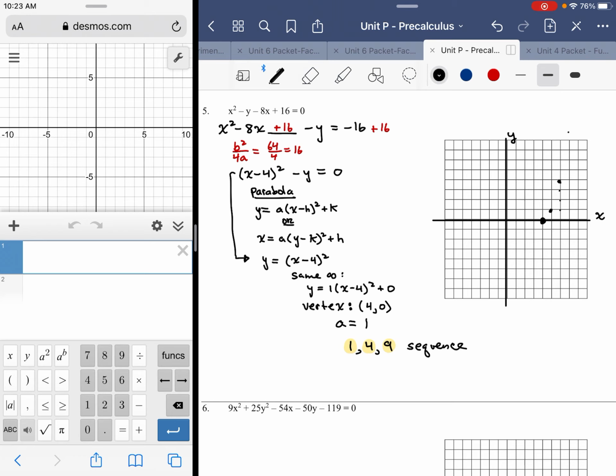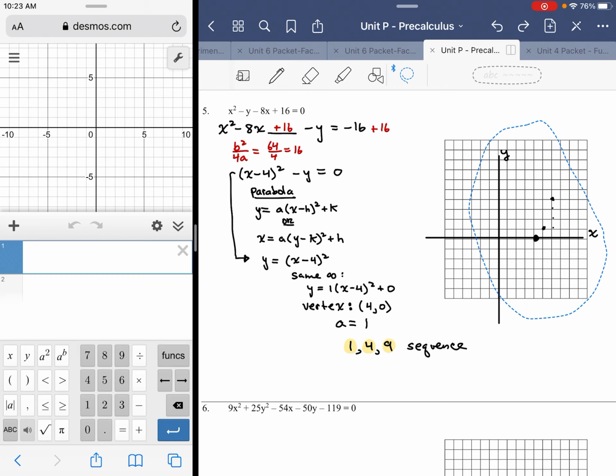I would need a few more units, so maybe I do want to move some things. But I don't need to move it as much as I did before. So 1, 4, and then 9.